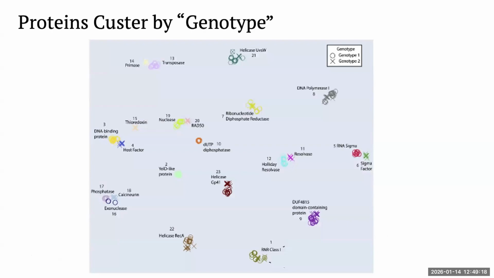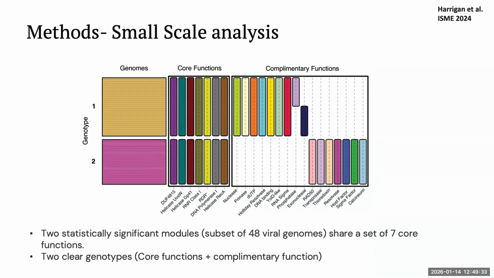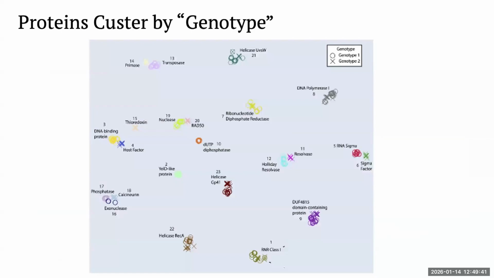So this is a lower dimensionality representation of the genes that we're observing. If it's a circle, it belongs to genotype 1. So we call this genotype 1. We can't call it phenotype yet, and this is genotype 2. If it's an X, it's genotype 2.